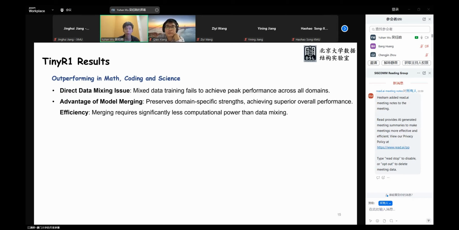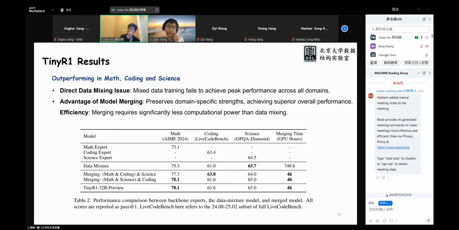Here we show our experiment results on different model merging strategies. We found that directly mixing training data makes it difficult to optimize three domains simultaneously.